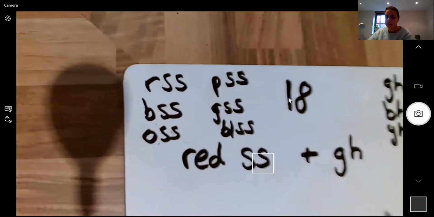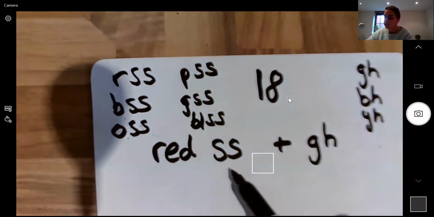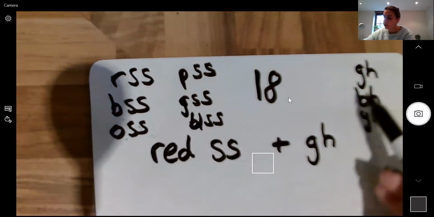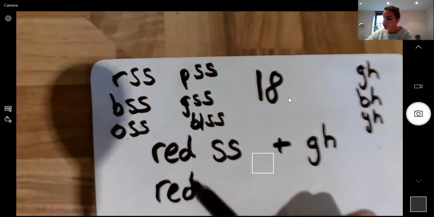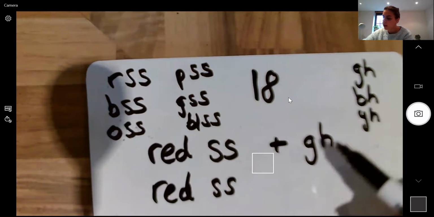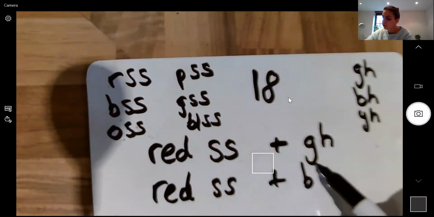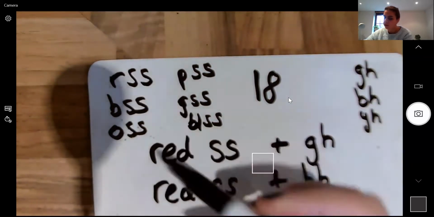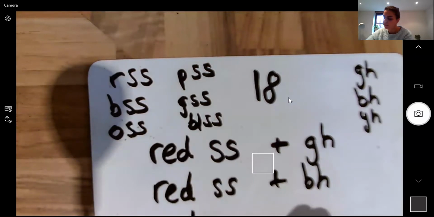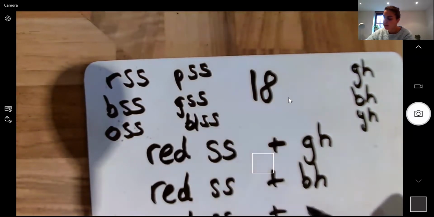Okay, so let's do our options. I've got a red spacesuit with a green helmet, a red spacesuit and a blue helmet, a red spacesuit and a yellow helmet.